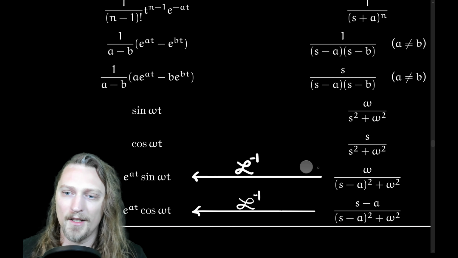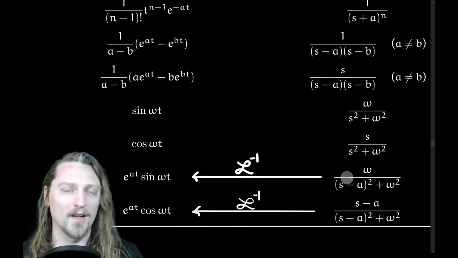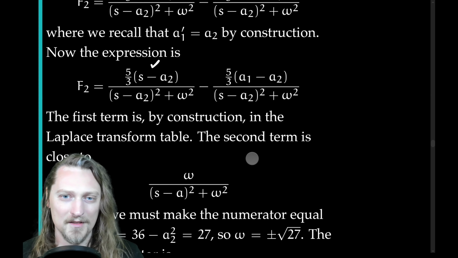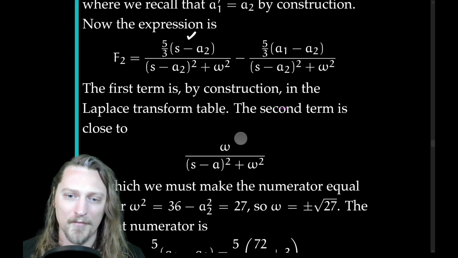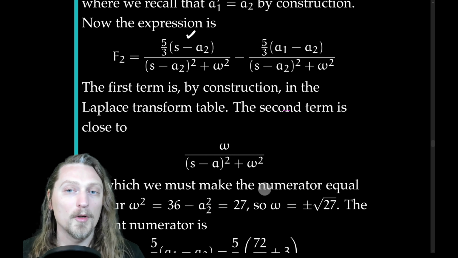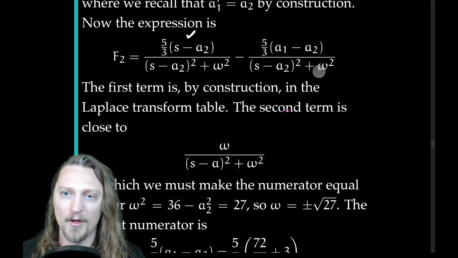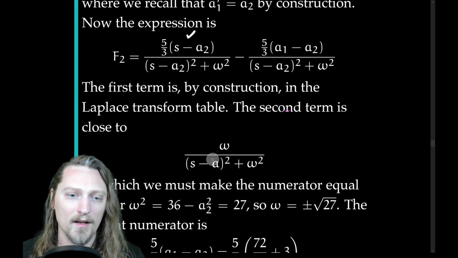So one of the terms we made look like this. The other one's going to look like this, but we still have to do some rearranging of this term before it's ready. So let's do that. Let's take a look here. So we must make the numerator equal to omega. So this numerator has to equal omega according to this form that we've got.